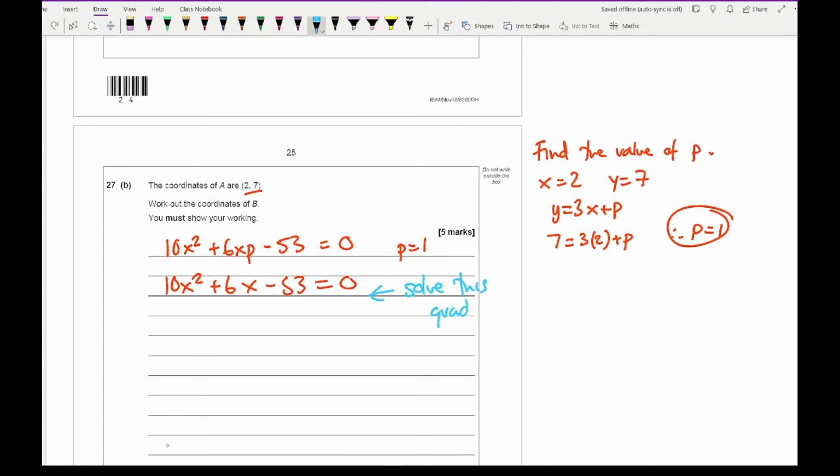You can do this a number of ways: you can use the formula or you can factorize. This does actually factorize, in which we can do (5x + 13)(x - 2). So here we've got x ordinates of x equals minus 13 over 5 or 2. Now we already know that x equals 2 because that's the coordinate of A. So this must be the x ordinate of B.